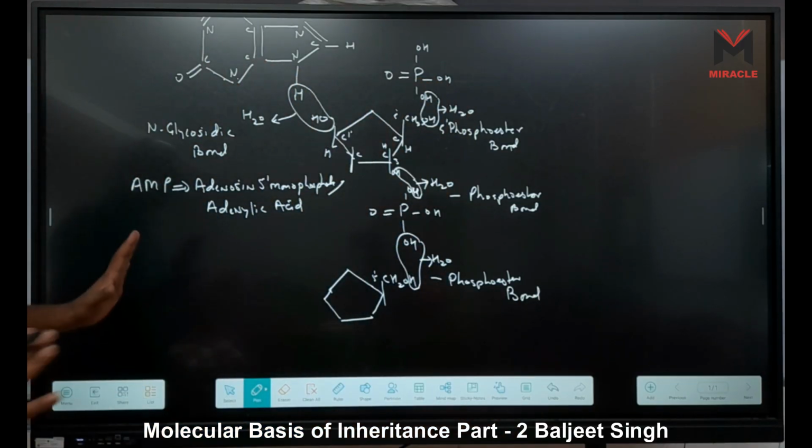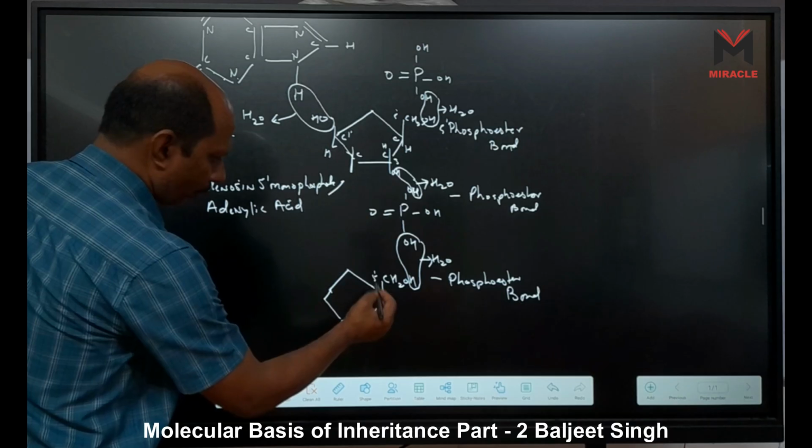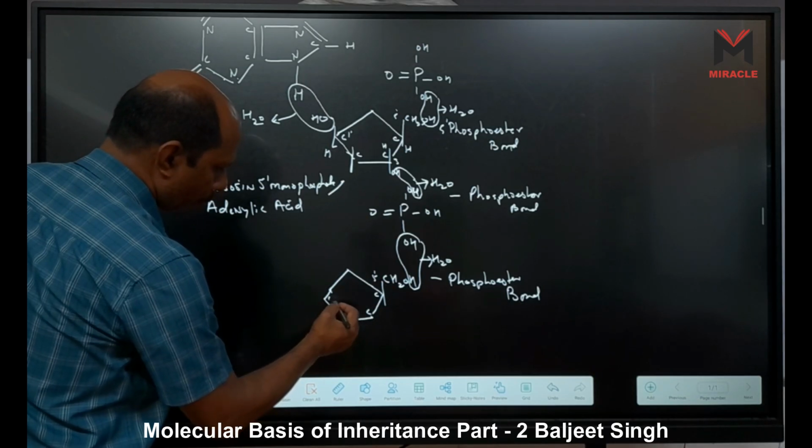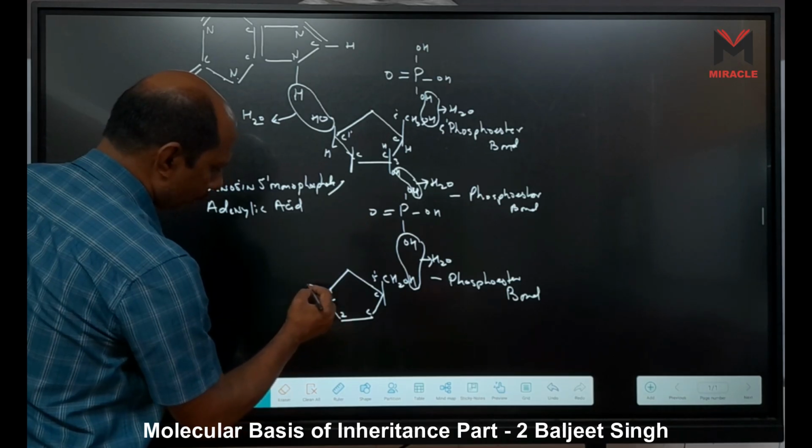You understand this, how a structure is formed? Because this is the first carbon, this is the fifth carbon, now 4, 3, 2, 1, this is the first carbon, OH is there, right?